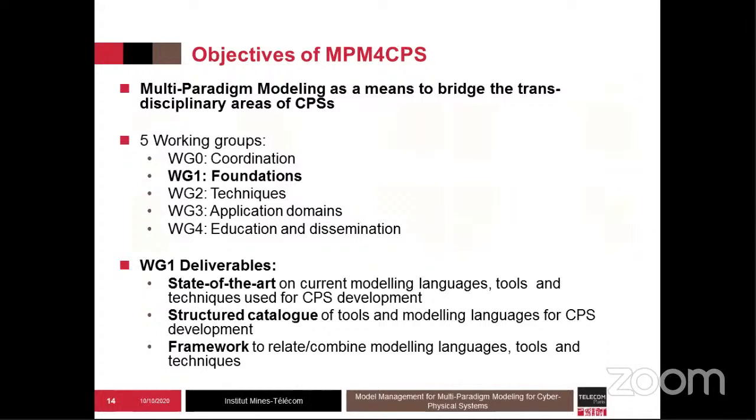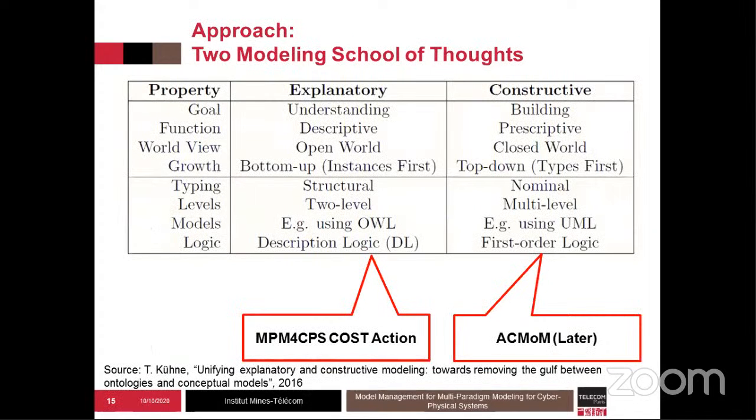In order to do this, especially to develop the framework, we considered 2 modeling schools of thought. When you're doing modeling, you can separate it into 2 different kinds of objectives: what we call explanatory modeling and constructive modeling. For example, if you're a biologist, you can be looking at whatever biological species exist in the world and try to model and classify them.